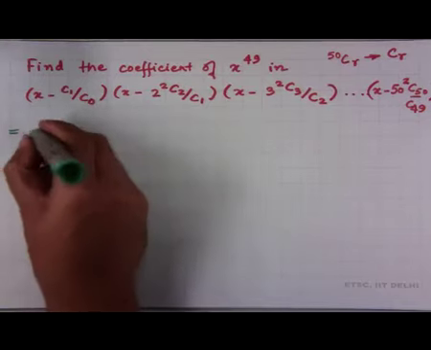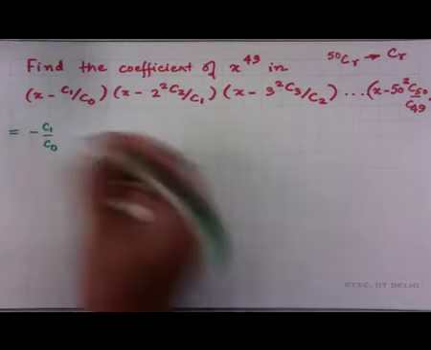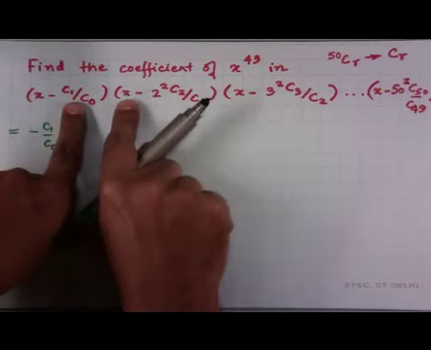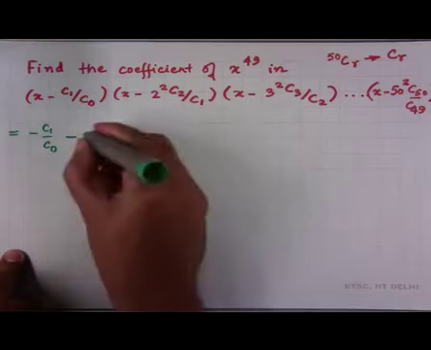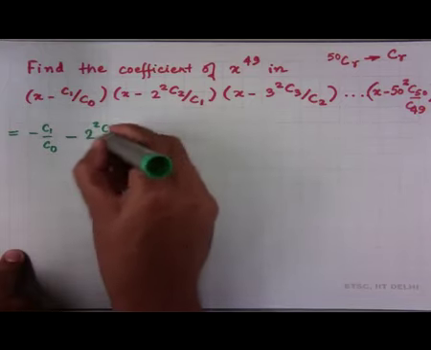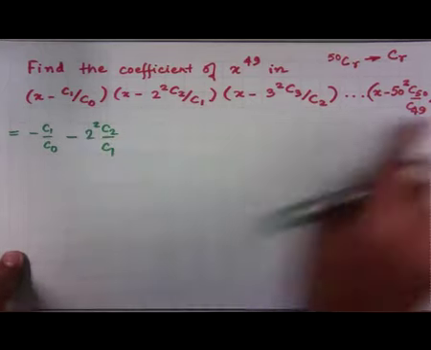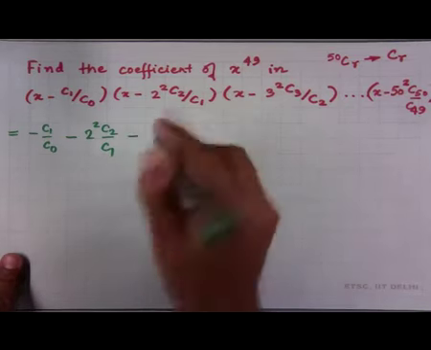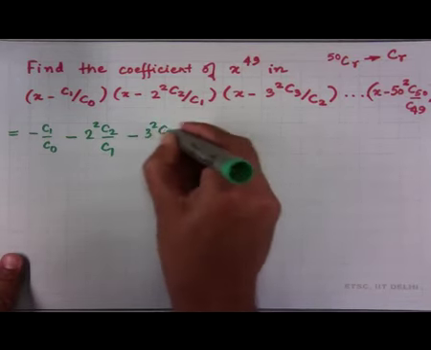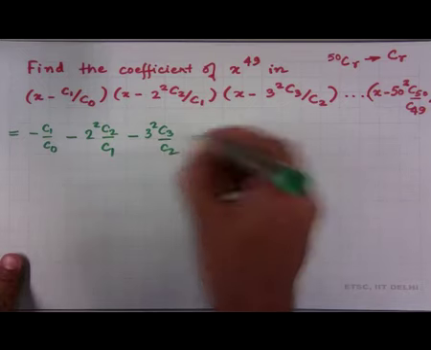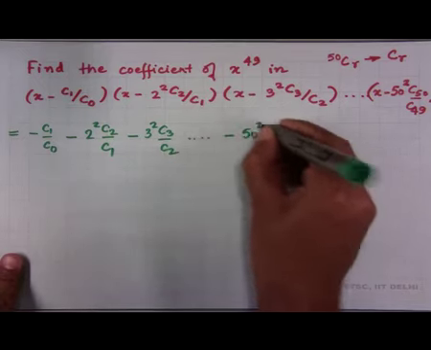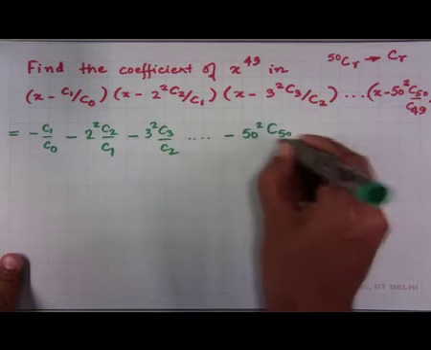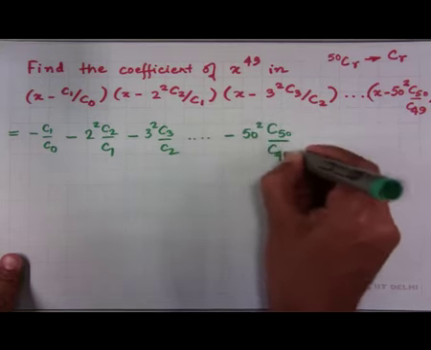minus C 1 by C 0 times x power 49, minus 2 squared C 2 by C 1 times x power 49, minus 3 squared C 3 by C 2 times x power 49, dot dot dot, minus 50 squared C 50 by C 49.